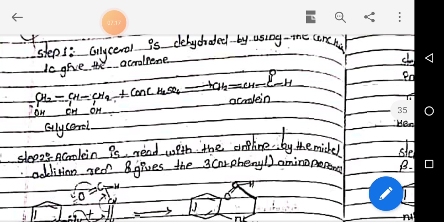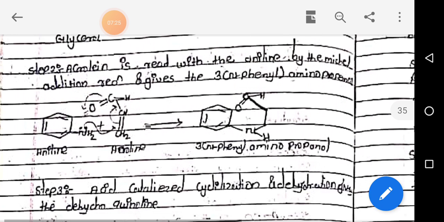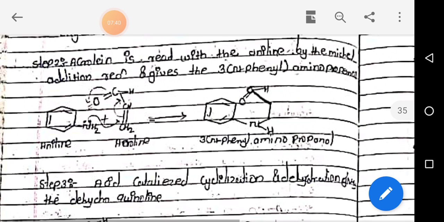In this reaction there is removal of water molecules and oxidation takes place. In step two, acrolein reacts with aniline by Michael addition and gives 3-N-phenylaminopropanol.